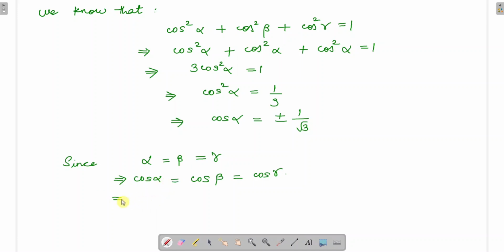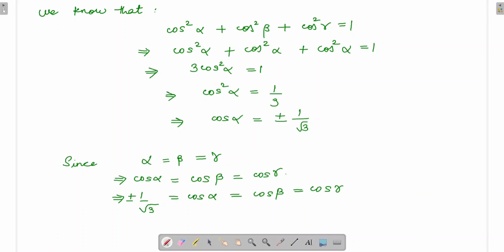So plus or minus 1 by root 3 is equal to cos alpha, which is equal to cos beta, which is equal to cos gamma.